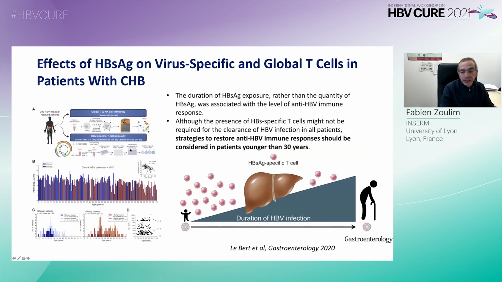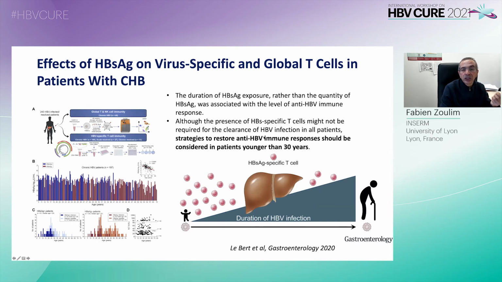Here is a very interesting study published by the group of Antonio Bertoletti last year, where they looked at the impact of age and level of HBs antigen on the adaptive immune responses, and they made an extensive and comprehensive study.